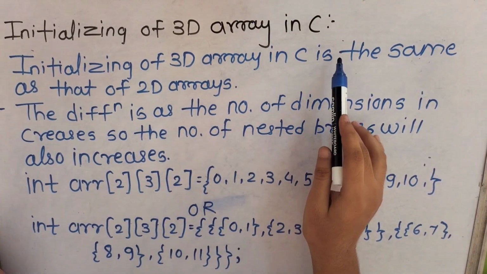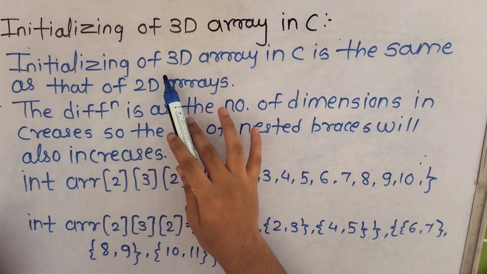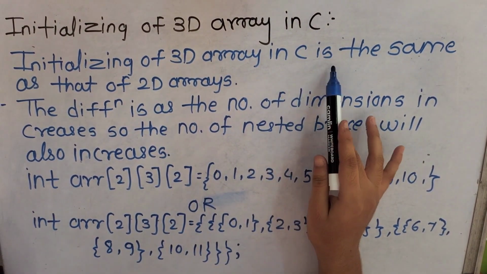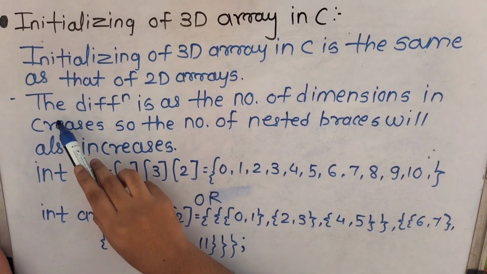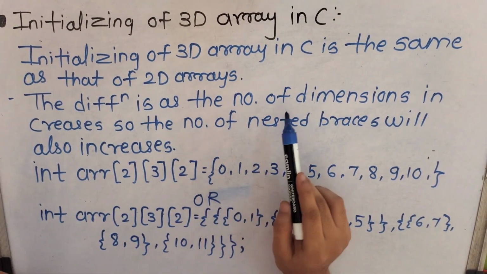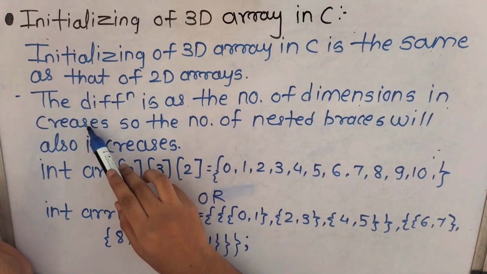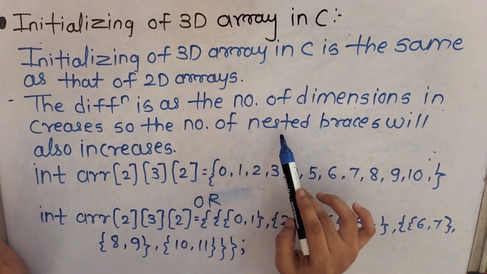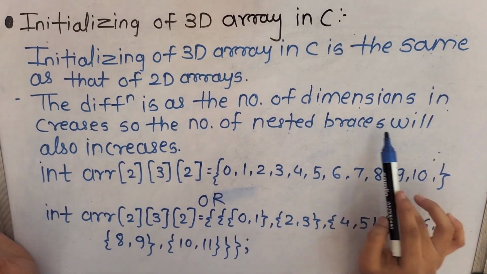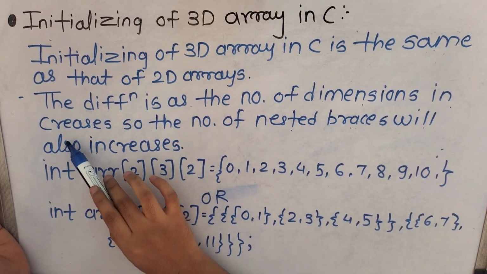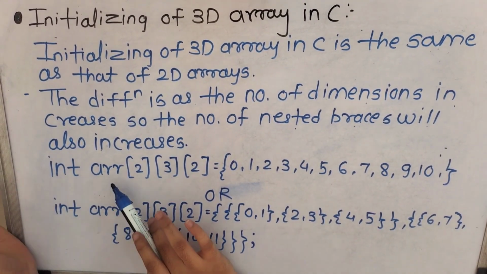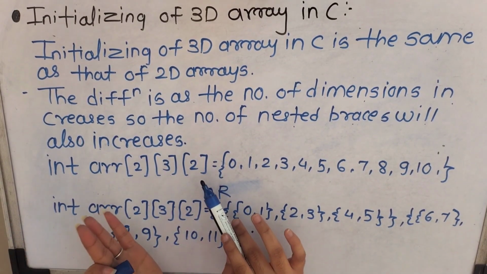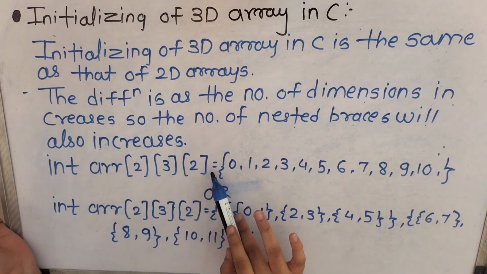Initializing a 3D array in C. Initializing a 3D array in C is the same as that of 2D arrays. The difference is that as the number of dimensions increases, the number of braces will also increase. Int array[2][3][2]. The braces will increase.